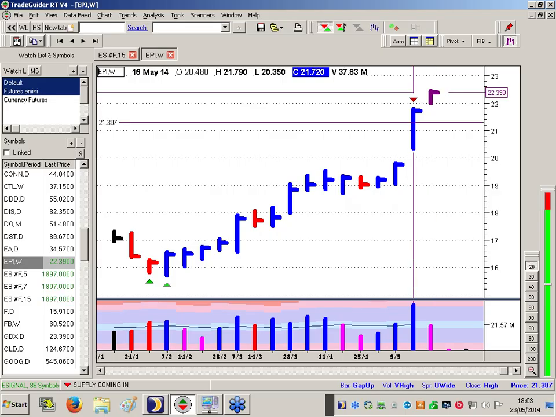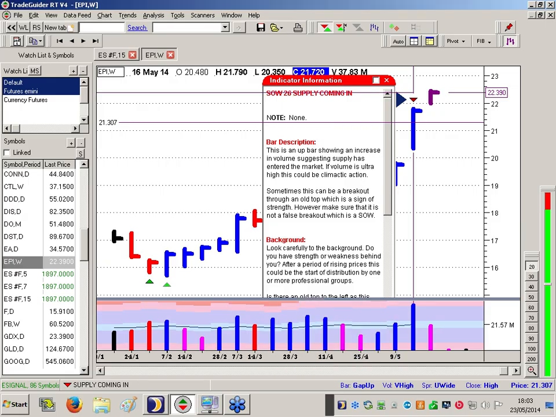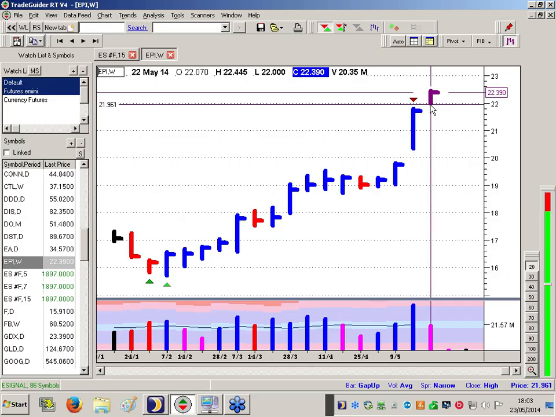Well, it's obviously hit a bit of supply here. This is a weekly chart, look. There's your high volume. That's brought that red arrow in. Supply, which is correct. Up bar, narrow spread, look. Follows up bar, narrow spread. Seems to be hitting the top trend line somewhere.